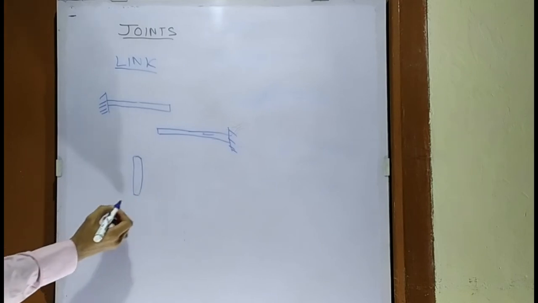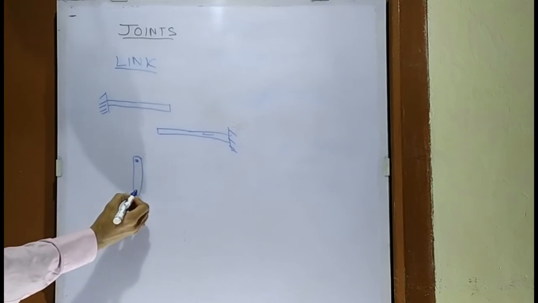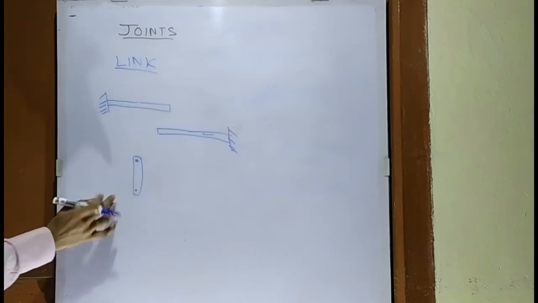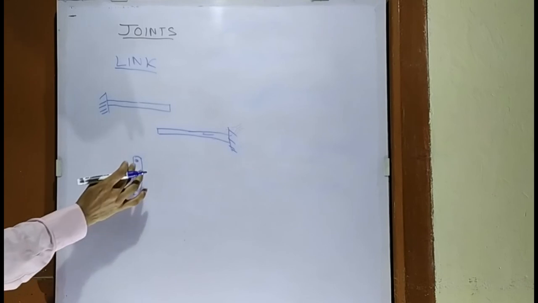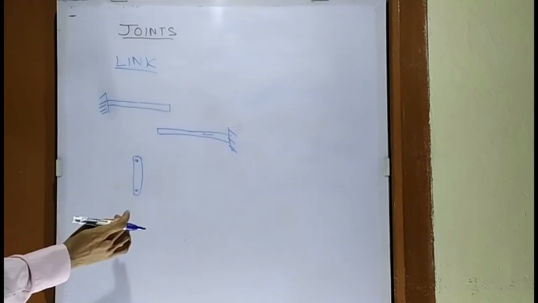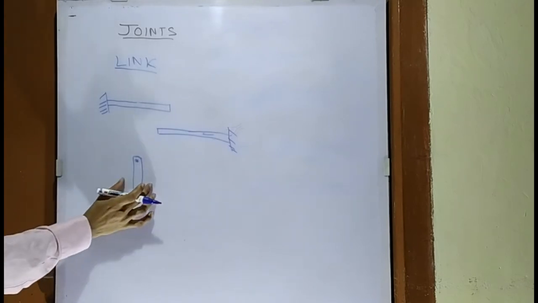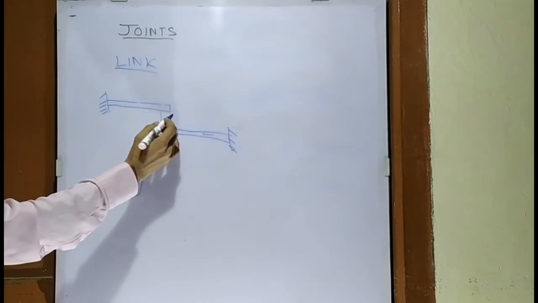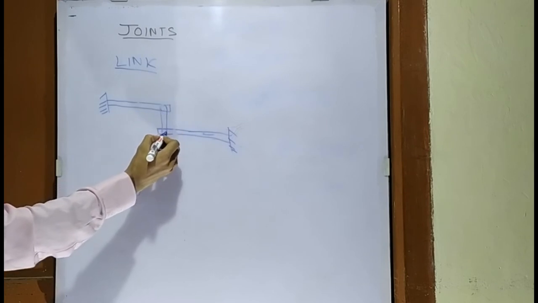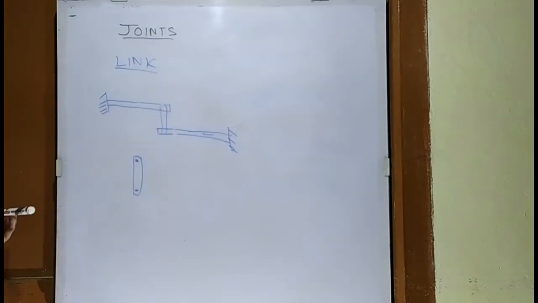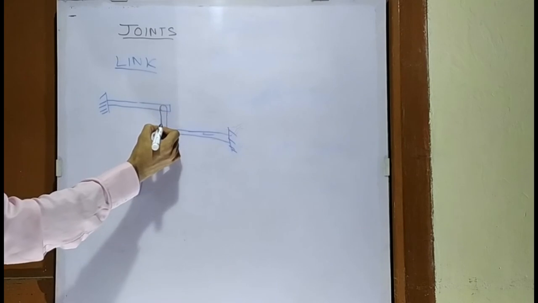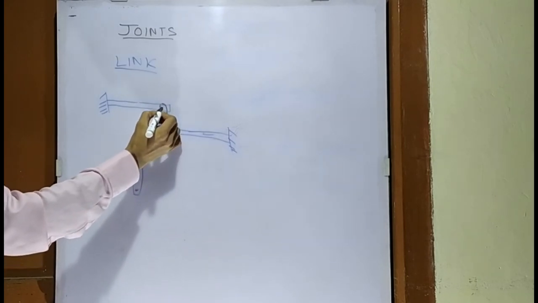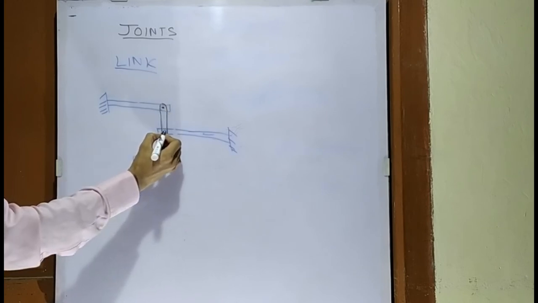This is a link, and here this is a metal piece. At this point there may be a pin, and also at this point there may be a pin. If we put this link between these two beams, it will look like this. This is our link.